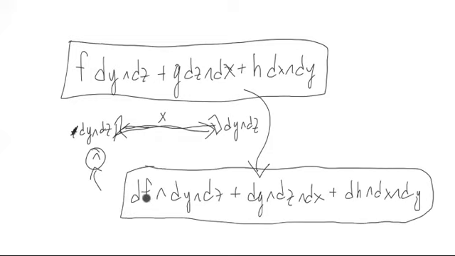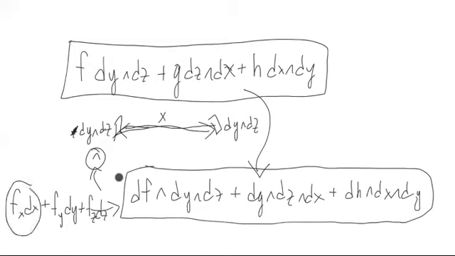Taking a look at this, in fact, we could think of df as being fx dx plus fy dy plus fz dz. Notice that the dx is the only thing that'll survive the wedge. And so we end up just getting fx dx wedge dy dz.